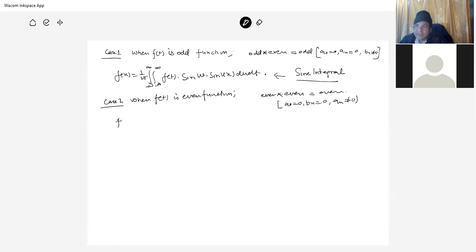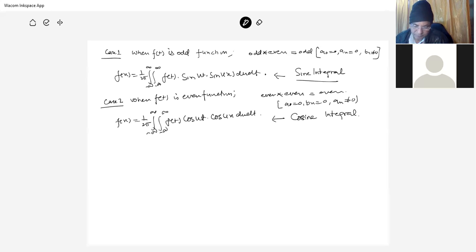So f of x is 1 by 2 pi, f of t cos ut cos ux du dt, and this is known as the cosine integral. So in this way, we can categorize two cases, sine integral and cosine integral, as case 1 and 2.